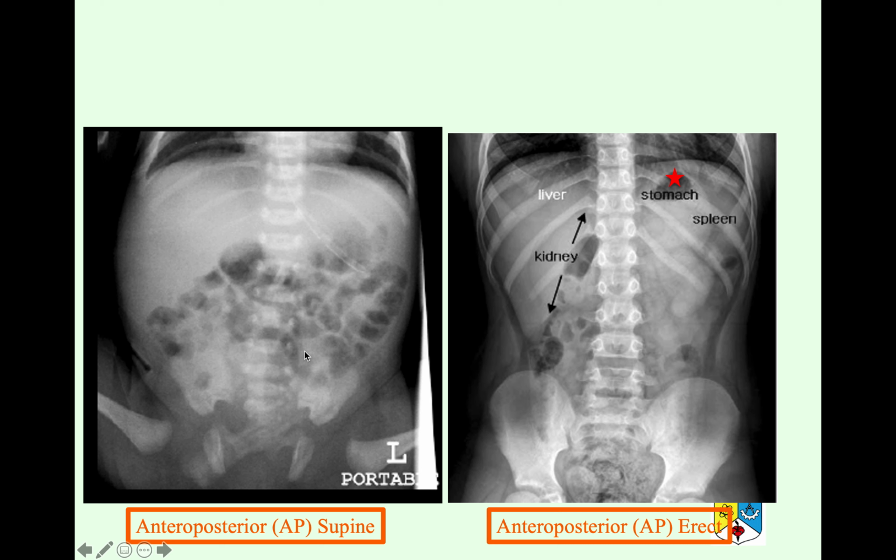Whenever you receive an abdominal radiograph, you have to decide: is this really normal or is it abnormal? In a normal supine abdominal radiograph, this is how it looks. You have a soft tissue that represents the liver, this is the stomach, the air-filled part, and part of it is the spleen, and then you see multiple air-filled loops of bowel.